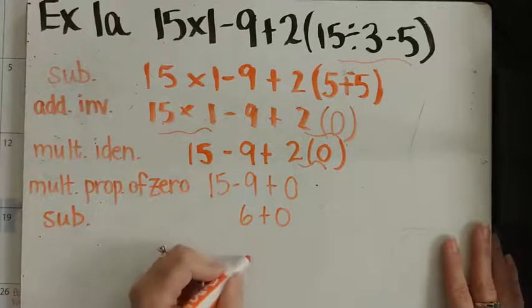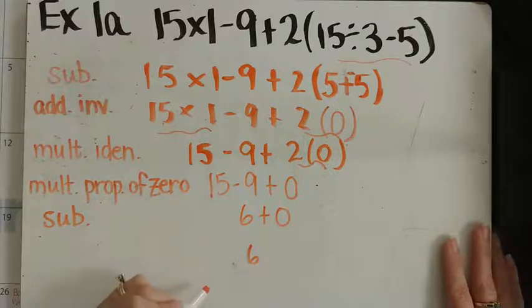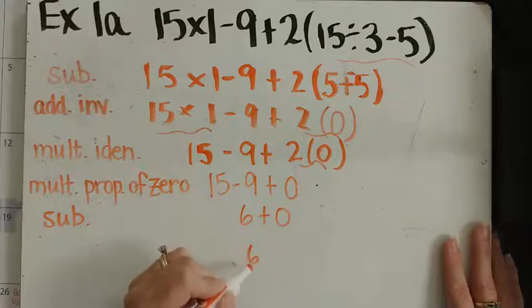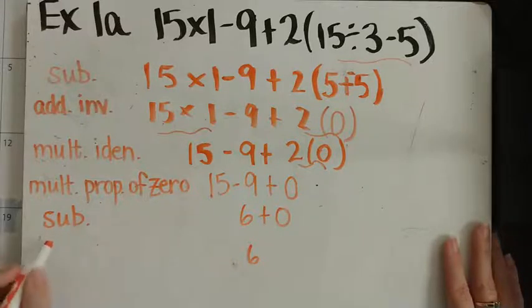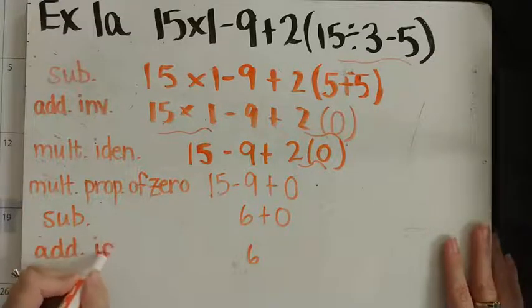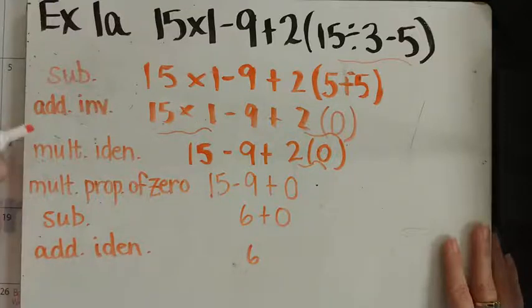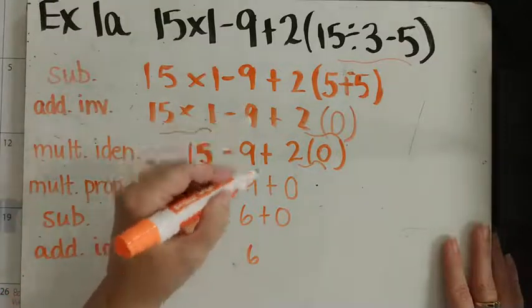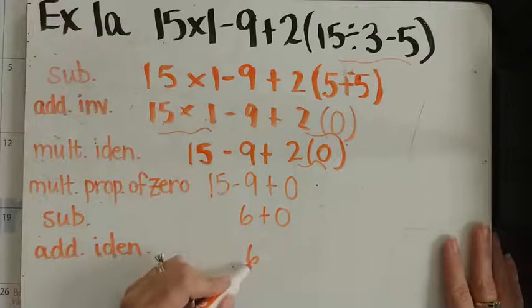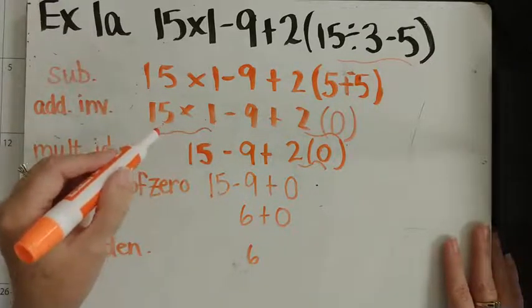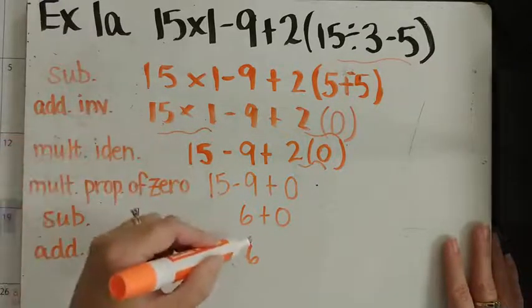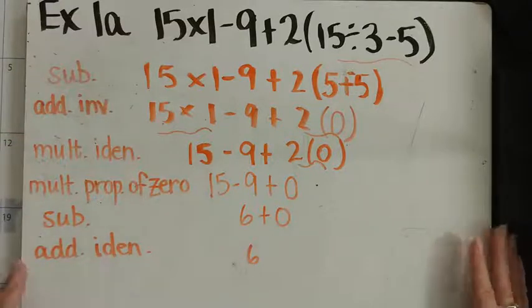And then 6 plus 0 is 6. There is a property that says if you add 0 to a number, you get the number you started out with. And that was additive identity. Lots of different properties that we use to come up with our final solution. Just know that these are rules that help us arrive at our final answer.